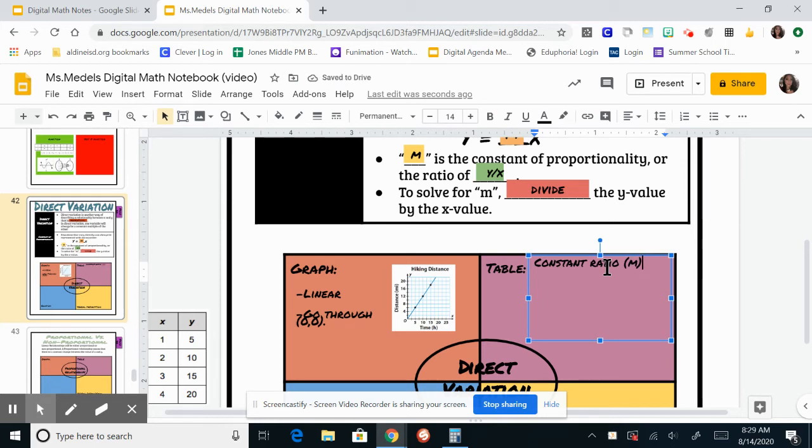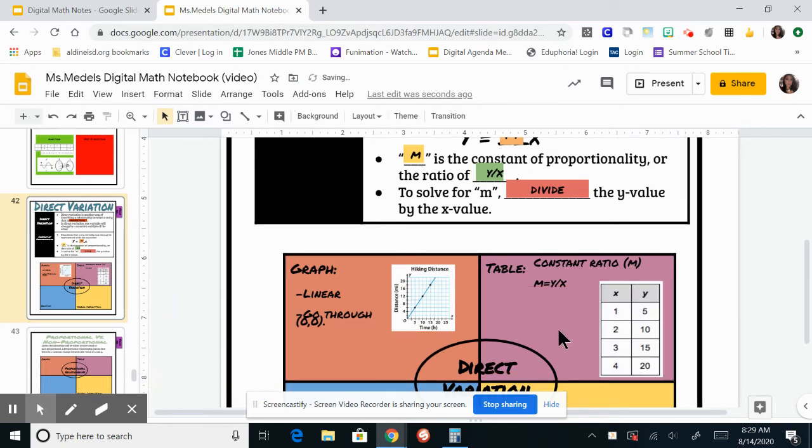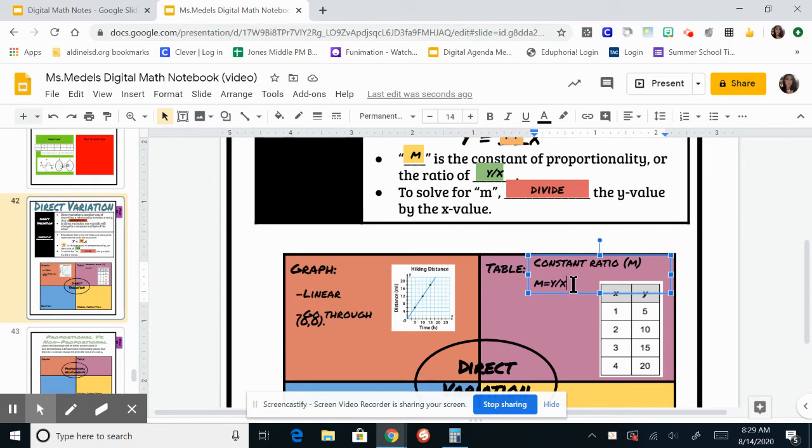Remember, we find m is equal to y divided by x. So what does that mean? Here is my table, and all I'm doing is taking the y and dividing it by x.